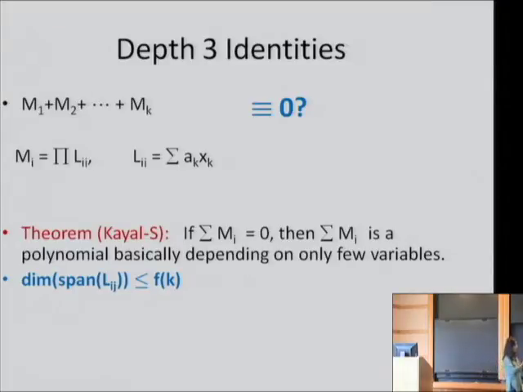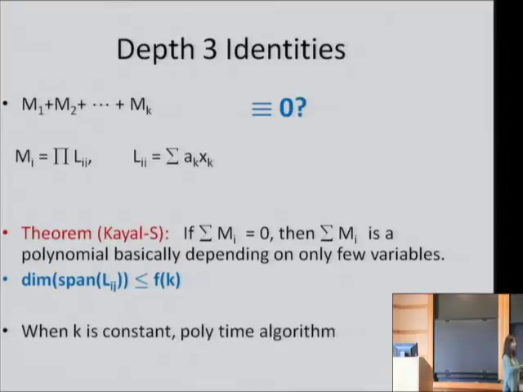Then if you look at the vector space spanned by all these li's, then we show that the dimension of this vector space is actually some constant depending only on k. So it's independent of the number of variables, the degree of the polynomial, etc. So if k is small, then this vector space is just a constant dimensional vector space. And once we can show that this expression has only constant dimension, then it's not hard to turn this into a polynomial time algorithm for this question.